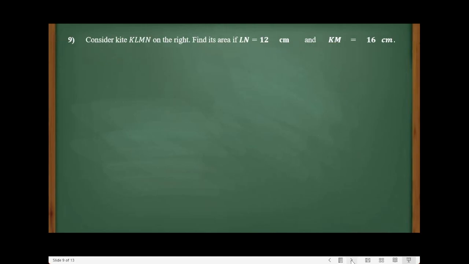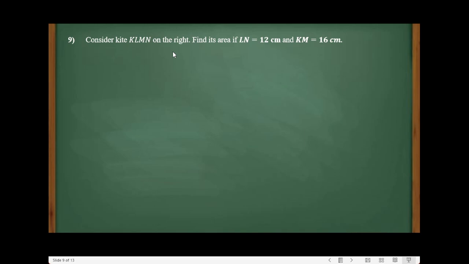How about number 9? Okay, at this point, we will now discuss the last kind of quadrilateral. And obviously, I'm referring to a kite. So in example number 9, we are now considering a problem that relates to a kite, whose name is quadrilateral KLMN.